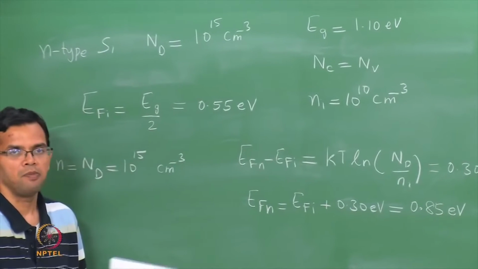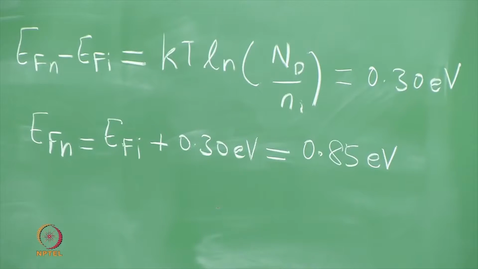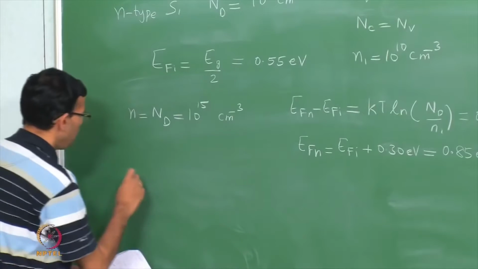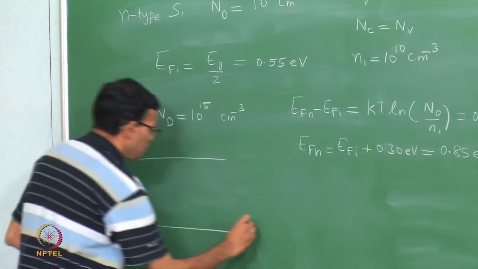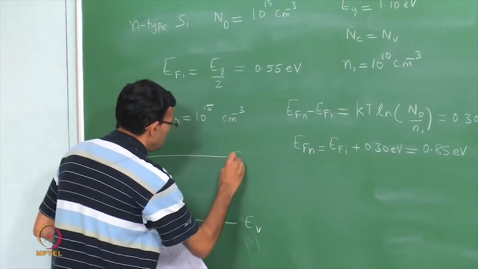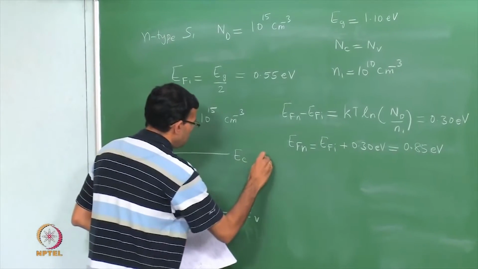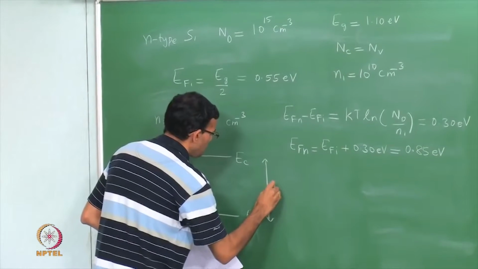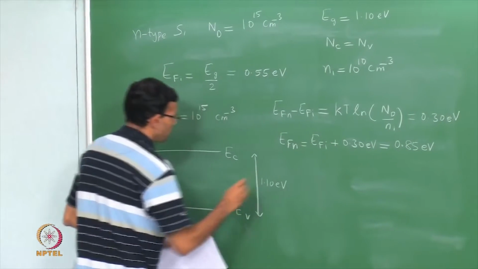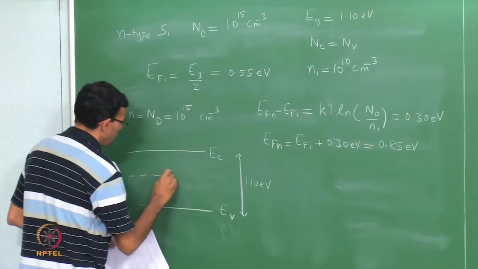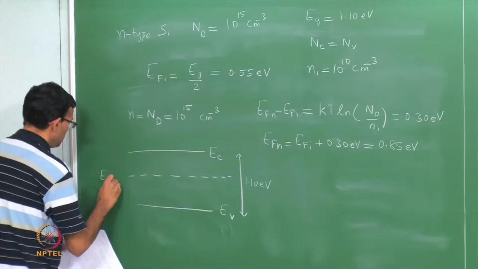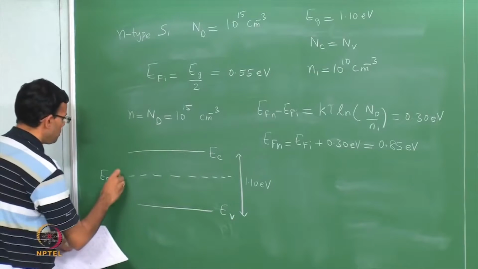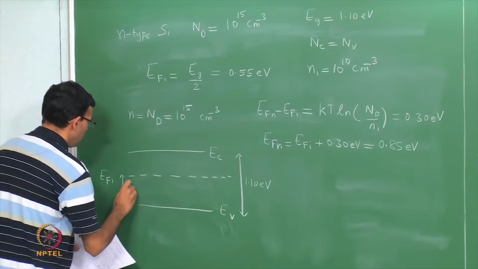Adding an n type impurity, or adding a donor, shifts the Fermi level above the intrinsic level. If you want to show this in a band gap diagram, this is your valence band, this is the conduction band, this is the band gap. So, this is 1.10 electron volts. EFI is located at the middle. So, this is 0.55.